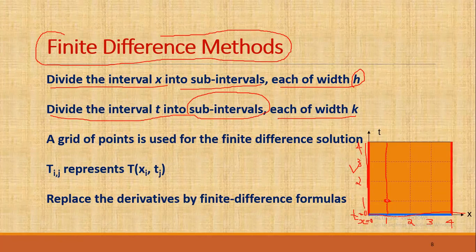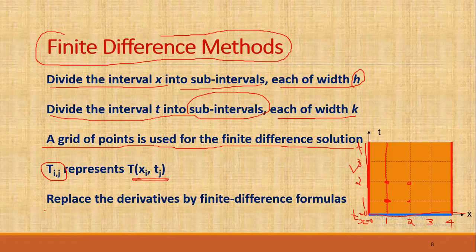This node we call 1,1. Then if we write u(x,t), the next nodes are 2,1, 3,1, 4,1. Similarly, x is 1, t is 2; x is 2, t is 2. So in the whole discretization, we define all the nodes. So a grid of points is used for a finite difference solution. The finite difference solution can be represented with T_ij, and T_ij means T of x_i, t_j.